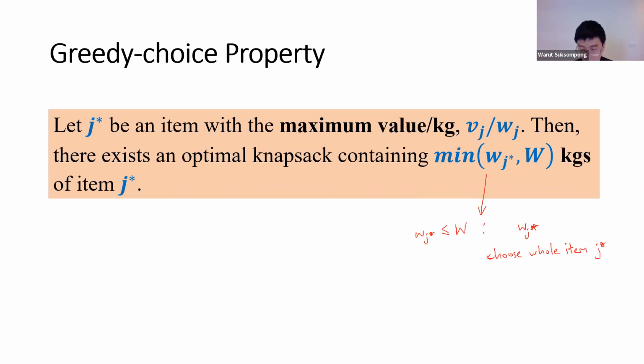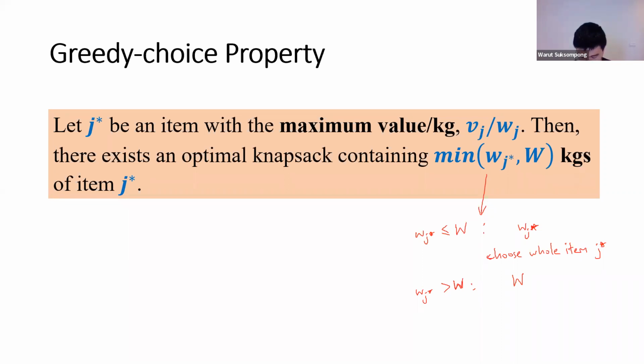j star. And the other case is that Wj star is greater than capital W. In that case, this minimum would be capital W. So in this case, there's not enough capacity even to fit in this whole item j star alone. What you want to do is fit in as much as possible, and then you're done because the knapsack is already full.